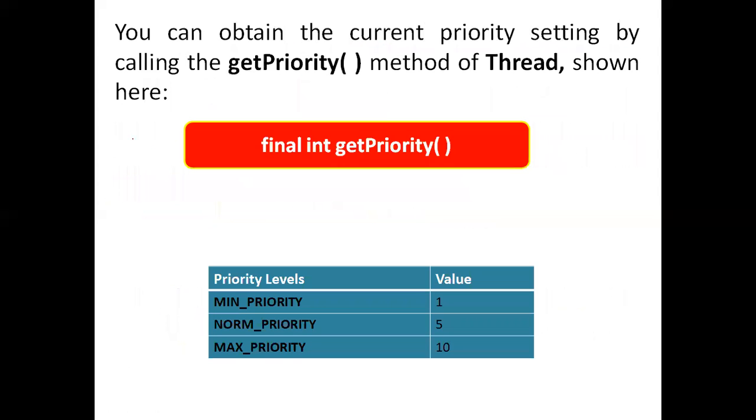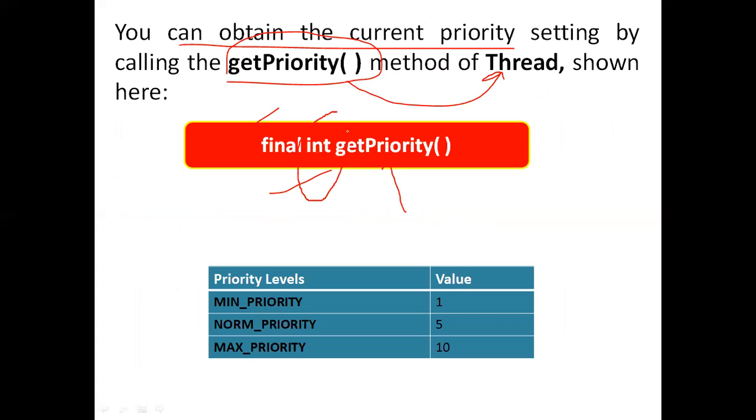And if you want to know the current priority of any thread, you have to use this method. What is the method name? The getPriority method, which is present in the Thread class. This is the signature: final int getPriority. The return type is integer.